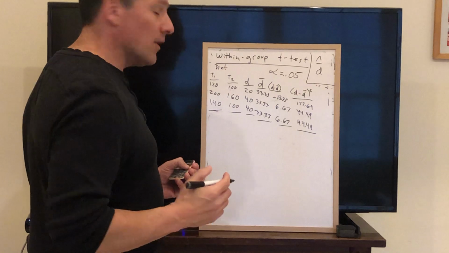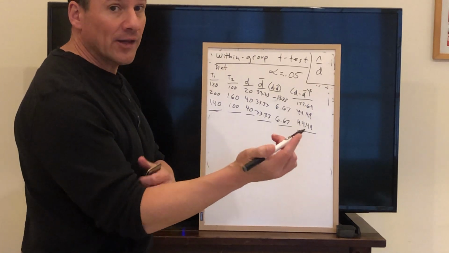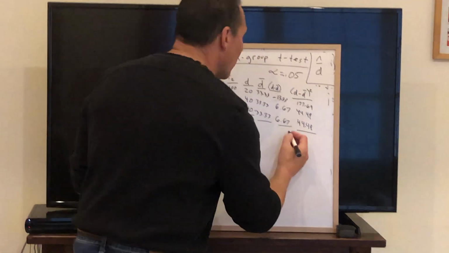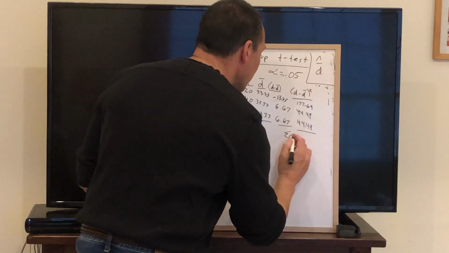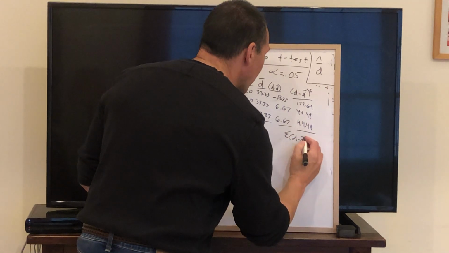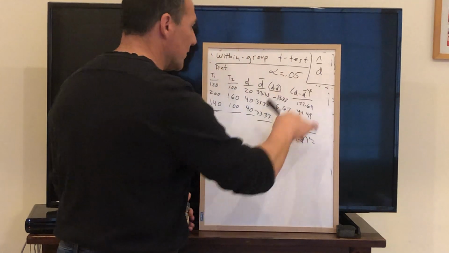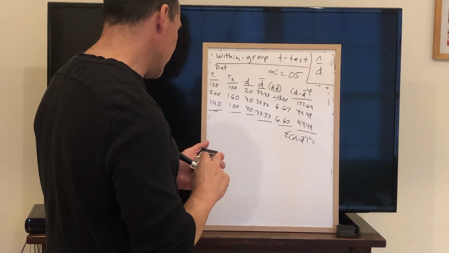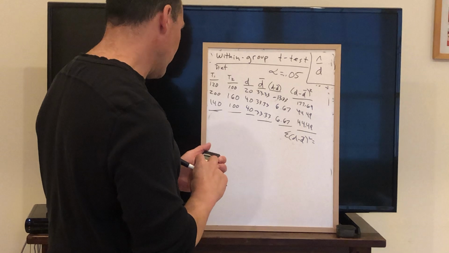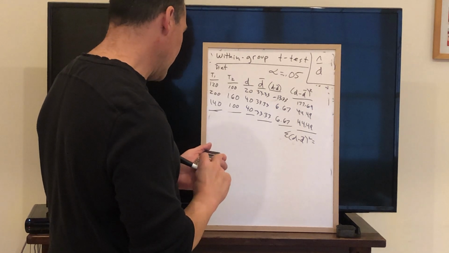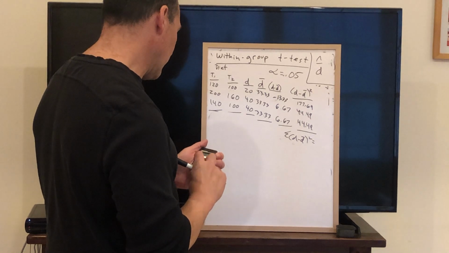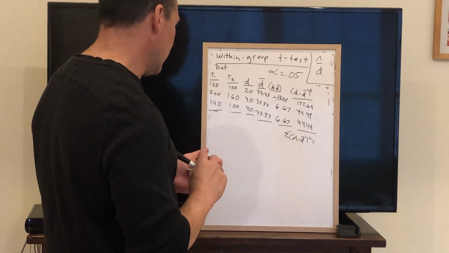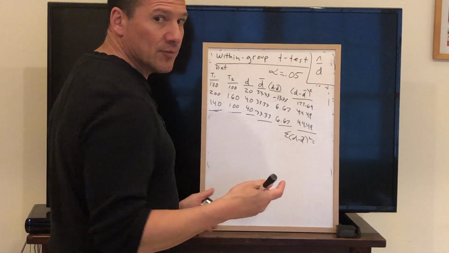Okay, so now the process is very parallel to what we've done before. We're going to do sigma of D minus D bar squared, which is the sum of that column. 177.69 plus 44.49 plus 44.49 is 266.67.